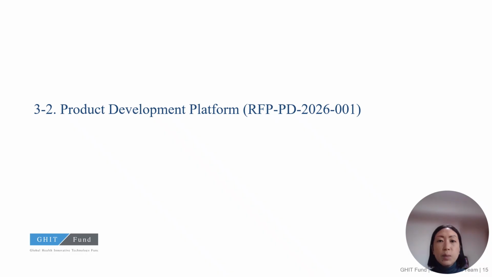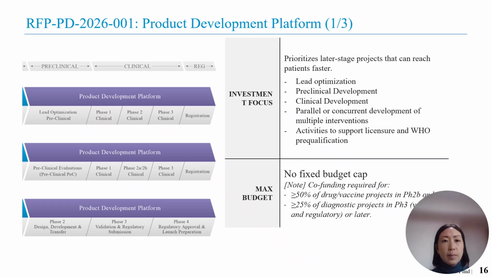Now, let us move on to the Product Development, or PD, platform. This slide outlines the investment focus and budget structure for the Product Development platform. The PD platform supports later stage projects that are closer to reaching patients.